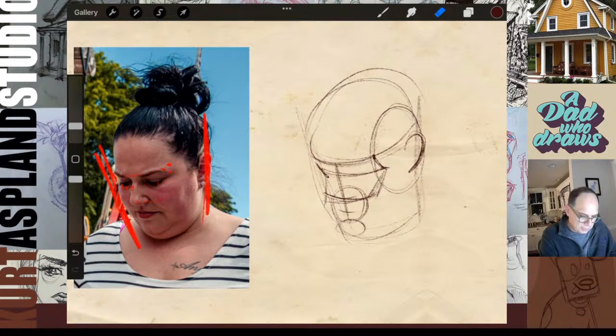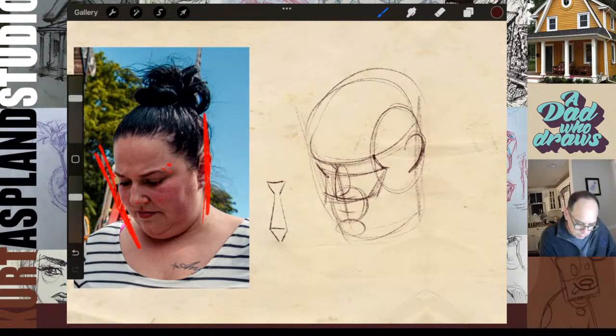I'm just erasing that so we can keep seeing her face there. Okay, next. All right, let's get this nose in here now. If you remember last week, if we take that ball approach, you could do that, or often I like to draw my noses thinking they're kind of like a tie.